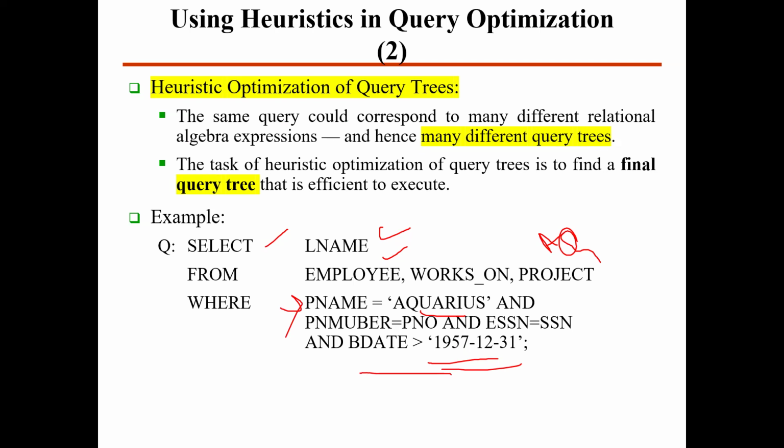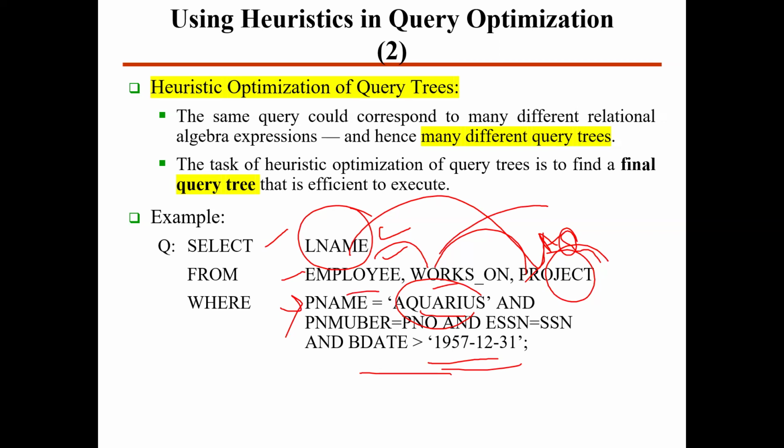How are we connecting this table with this table? See, we need to access the employee table for getting the last name. We need to get the project Aquarius from the project table, and how this employee is working on the project is by using the works on relationship. So here we have 1, 2, 3 tables to give us the complete data.